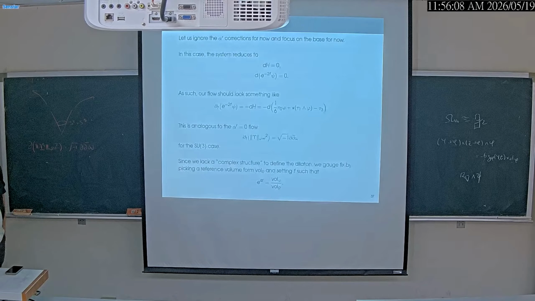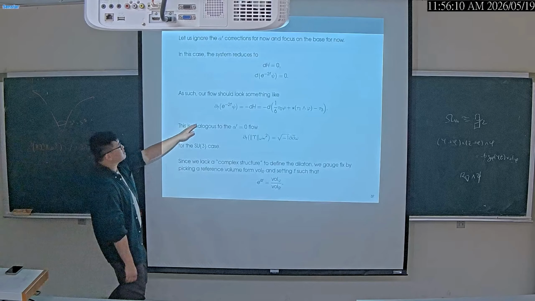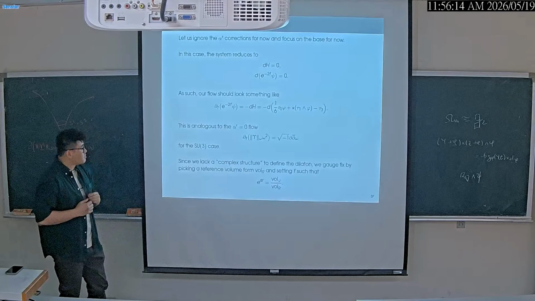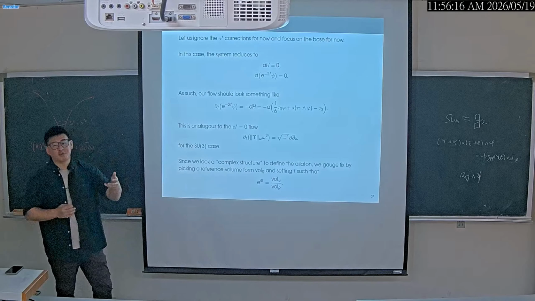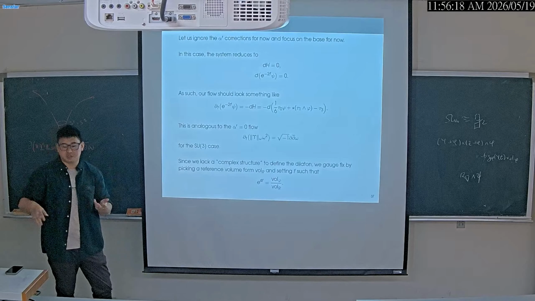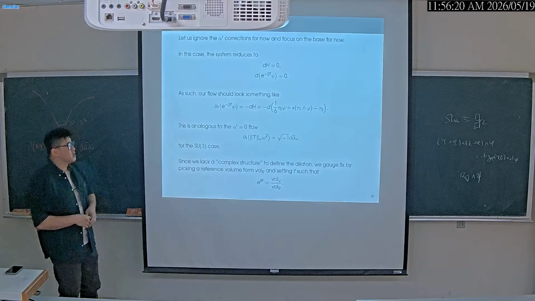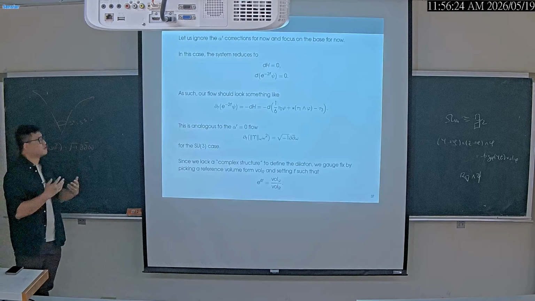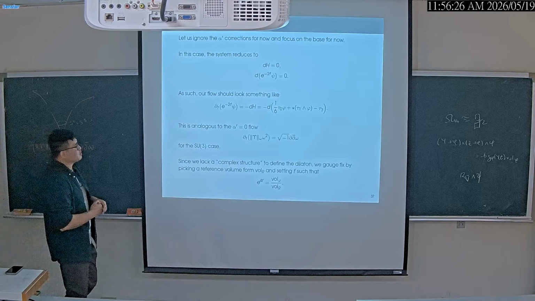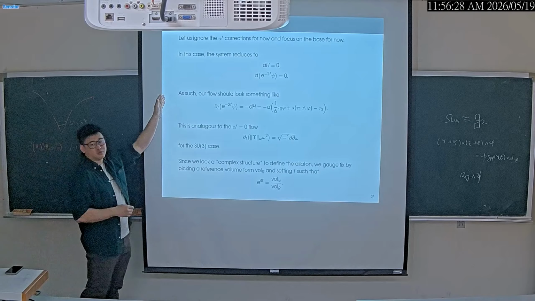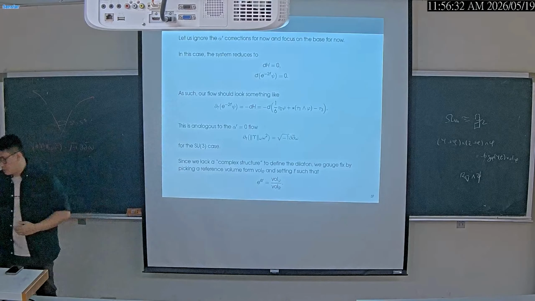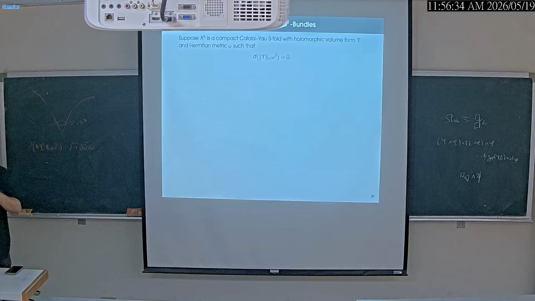So one good thing about defining the flow like this is that you can construct G2 structures out of SU3 structures by crossing in a circle, right? Or taking a principal S1 bundle. So in some sense, if you want all these flows to work nicely with each other, the G2 version of the flow should reduce down to the SU3 version of the flow under suitable ansatz.